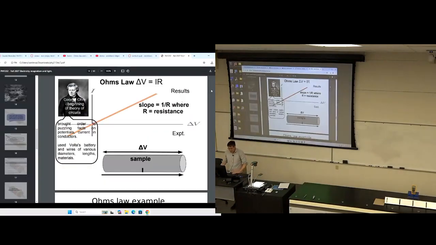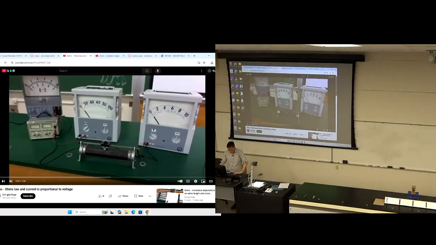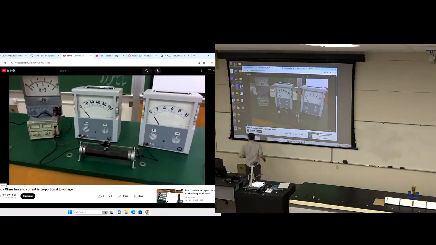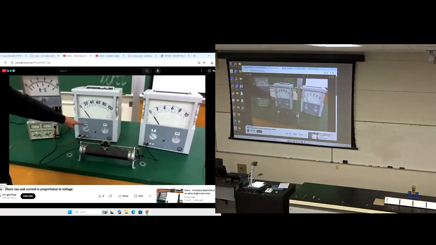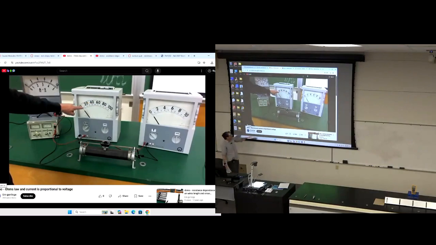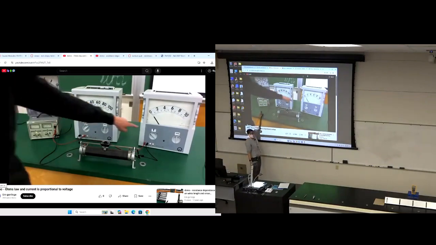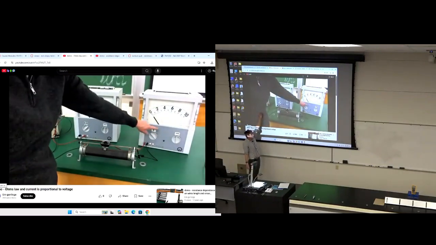I actually repeated his experiment, you'd be pleased to know. Here we are. And I'll play this. So this is, let me turn the lights down. This is an arrangement, it's not a battery, it's a power supply, but think of it as a battery.